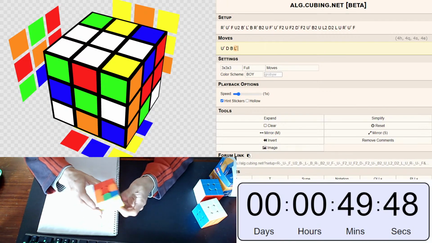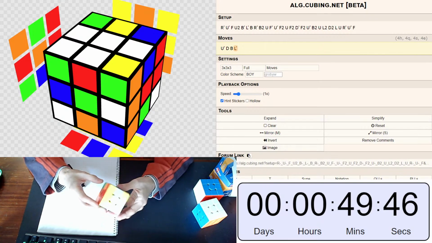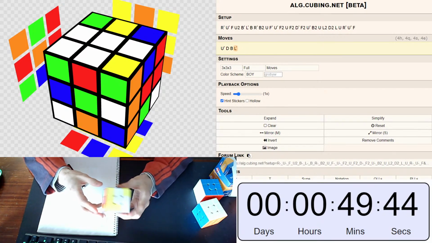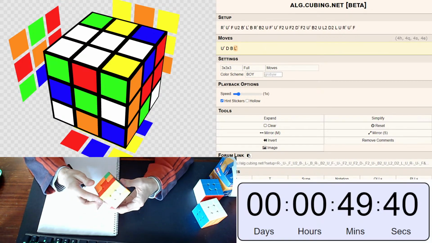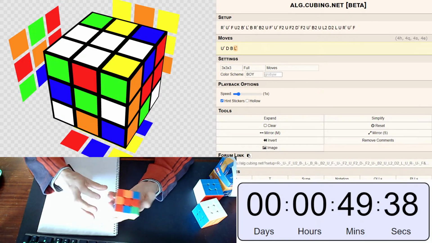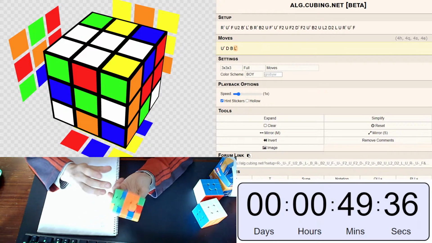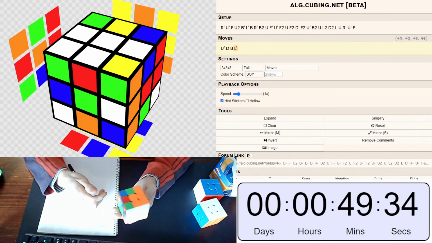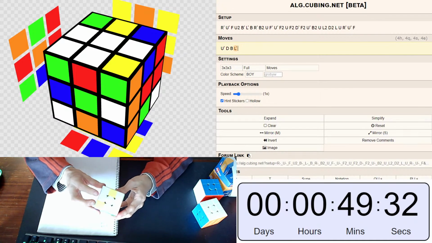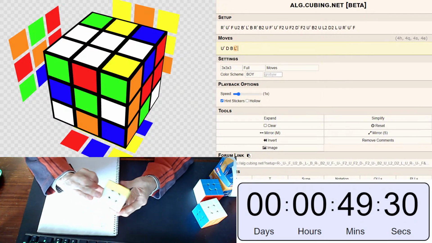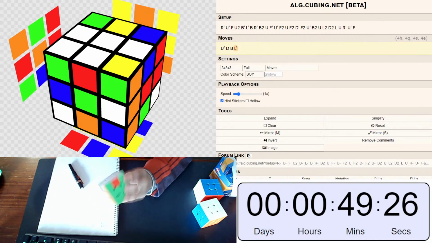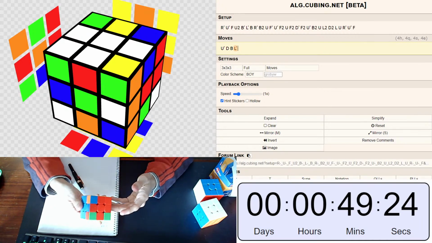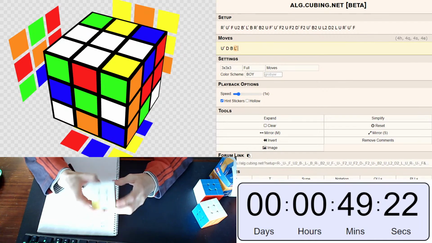D2 R2. Nope. DU F2 D prime U R2 U2 R2 F2 R2 U prime R2, and that's 5 corners with no parity, which is pretty good.